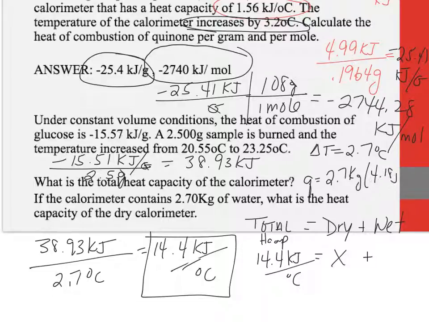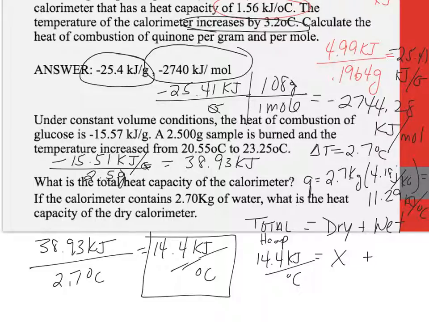4.18 per kilogram, and our change in, oh no, we don't need a change in temperature here. We just need to calculate that, which is going to be 11.29 kilojoules per degree Celsius.